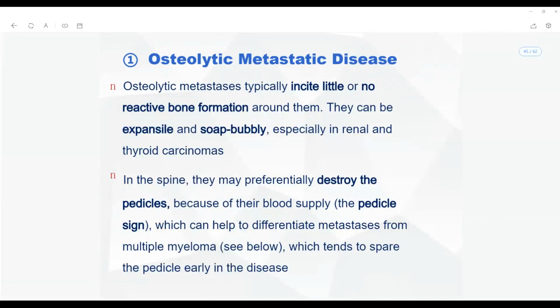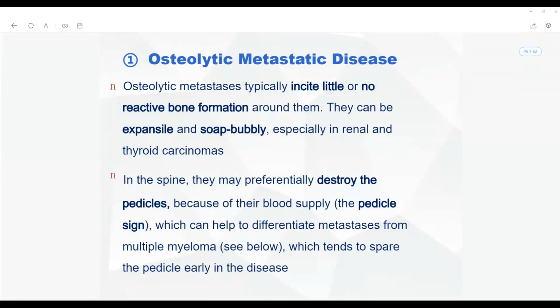Okay, soap bubble appearance is a characteristic feature of giant cell tumor. Okay, GCT, you call it giant cell tumor.